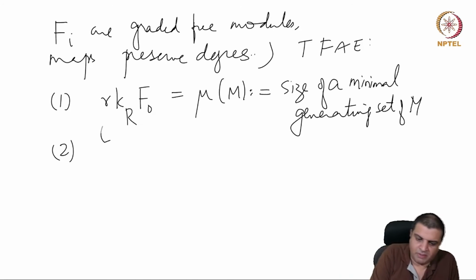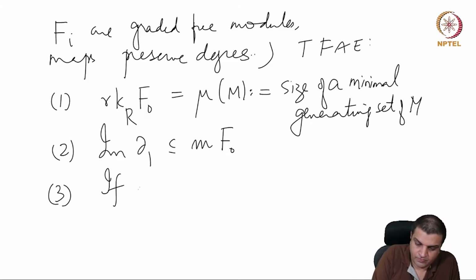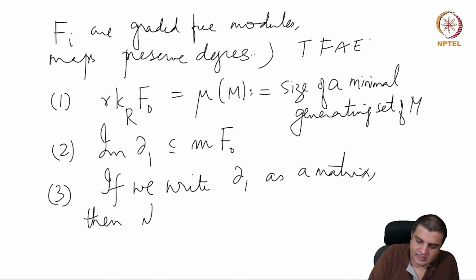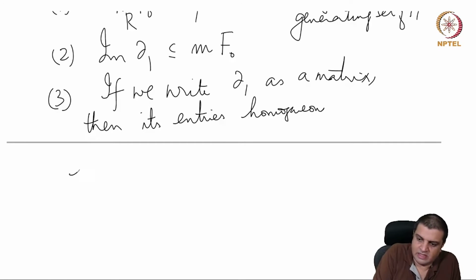The image of partial 1 is inside m F0, and 3, if we write partial 1 as a matrix, then its entries are homogeneous elements of the maximal ideal.